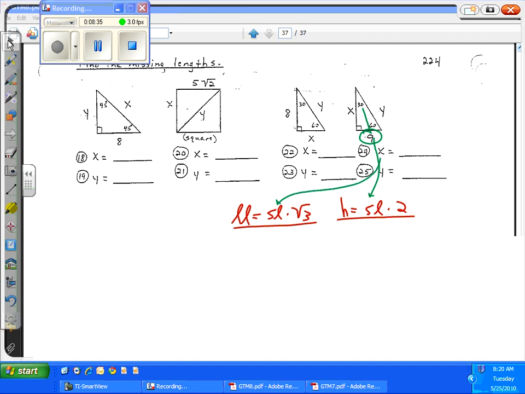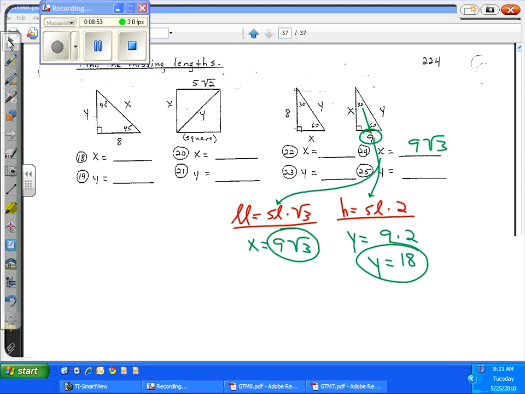So we can put that in short leg both places. So long leg x equals short leg 9 times the square root of 3. So x is 9 square root 3. Hypotenuse y equals short leg 9 times 2. So y equals 18.